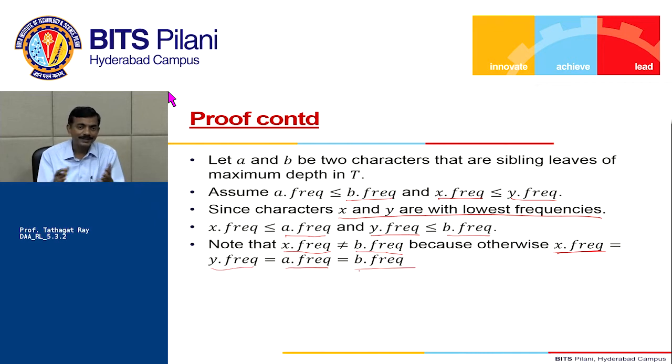A and B are siblings at the maximum depth, and X and Y are the lowest frequency characters, so their code word lengths are the same and they differ only in their last bit. So I have nothing to do if the frequency of X is equal to the frequency of B. So our assumption here is that the frequency of X is not equal to the frequency of B.